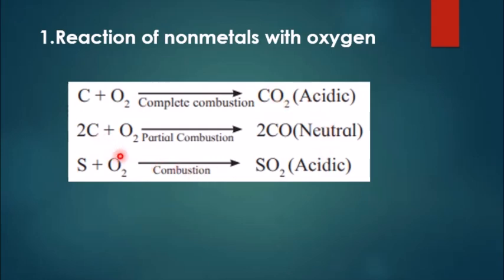But if only partial combustion takes place, carbon monoxide is formed, which is neutral. When sulfur combines with oxygen, it forms sulfur oxide after complete combustion, which is acidic. So we can conclude that acidic oxides and neutral oxides are formed.